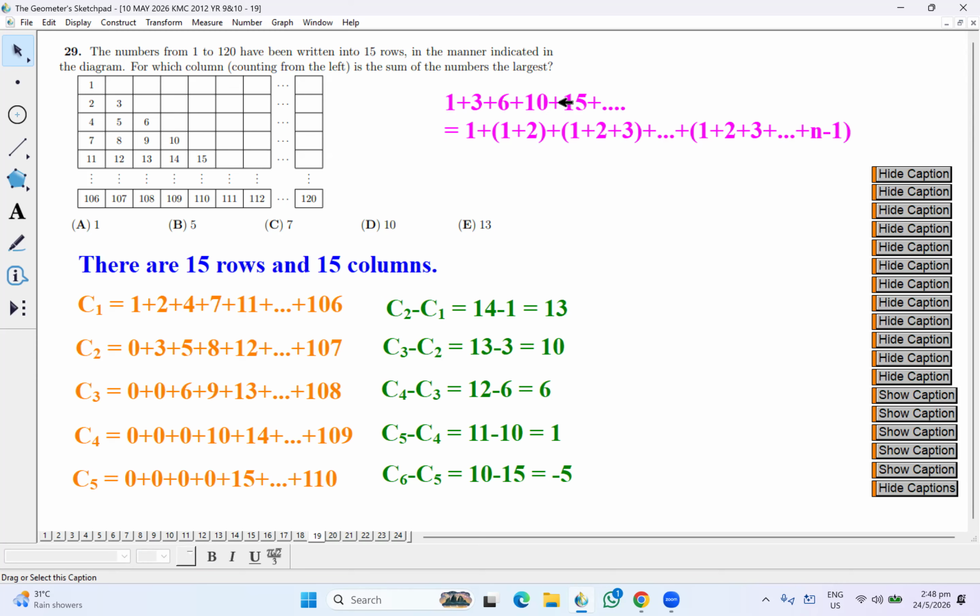So the second term is 1 plus 2, 6 is 1, 2, 3, 10 is 1, 2, 3, 4. We want until n minus 1, because the first is n, and the second is n minus 1. So the number of terms is n minus 1. The first term plus the last term, times the number of terms over 2, gives n over 2 times n plus 1. This is the nth term.